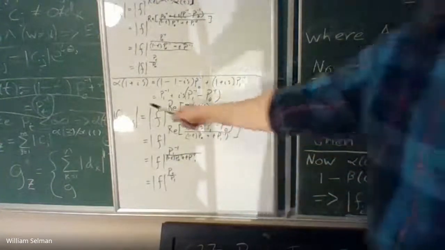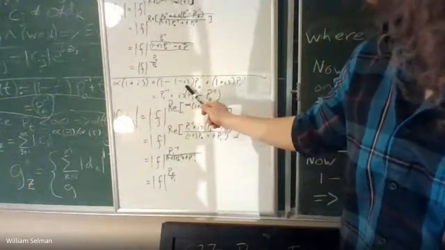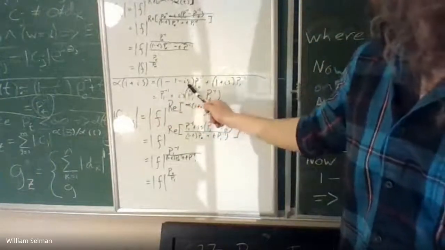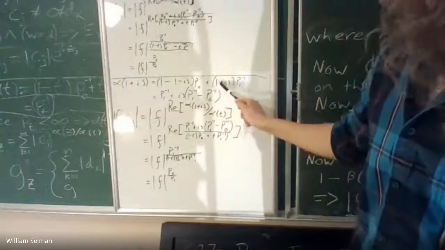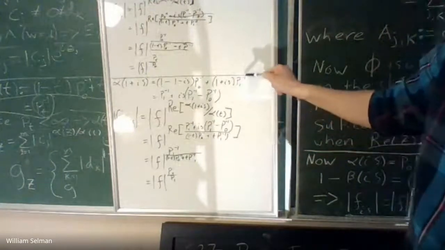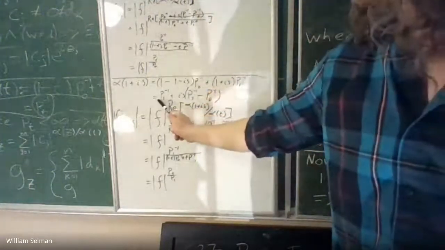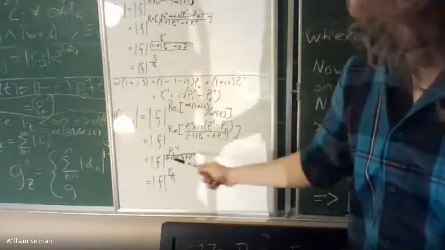So we have alpha of 1 plus is. We're going to get 1 minus 1 times 1 minus is over P naught plus 1 plus is over P1. And then the ones are going to cancel. We're left with this, and then we use the same algebra that we used before.